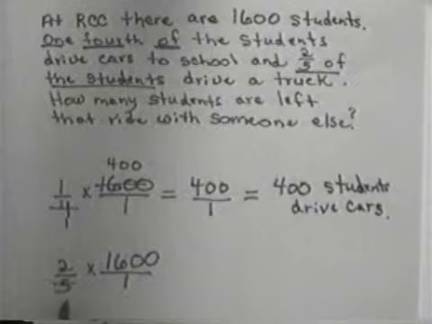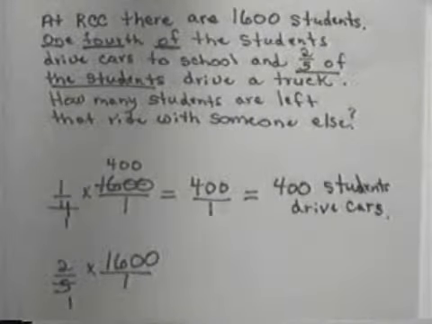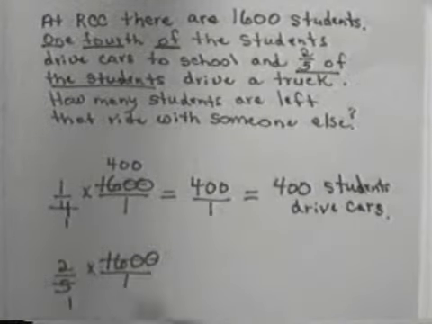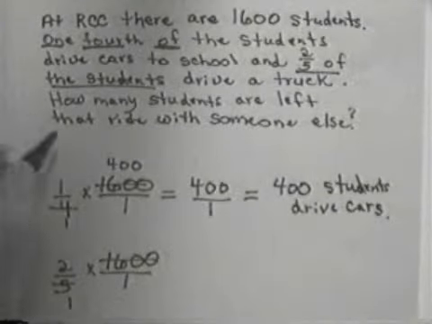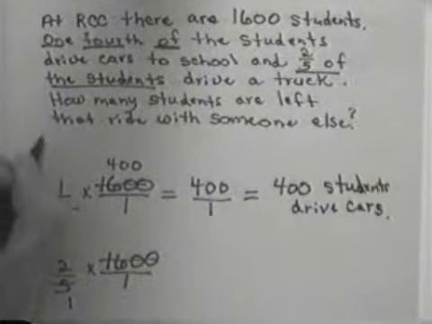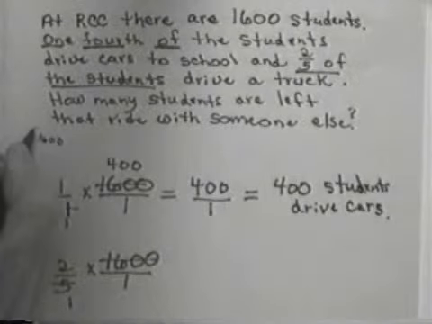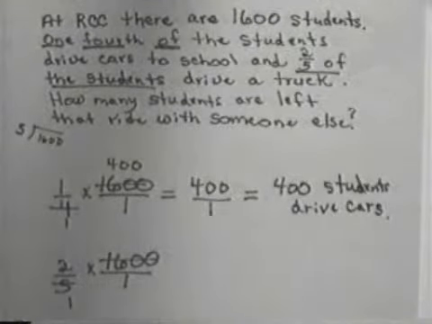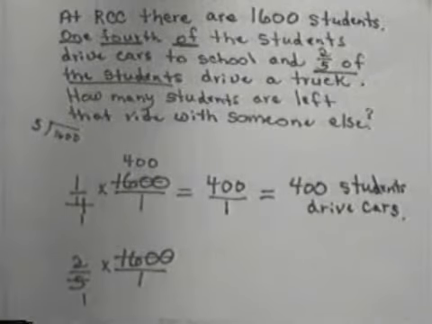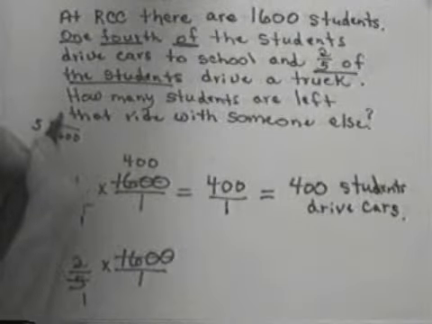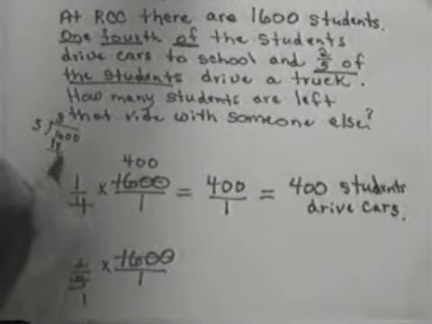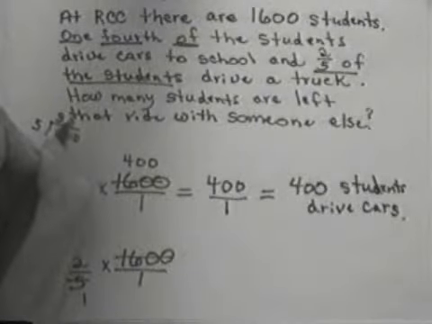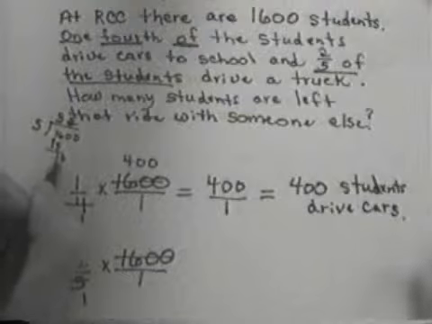5 will go into 5 one time and the 5 will go into 1,600. We probably need to come over here to the side somewhere and do that. Let's do that right up here. 1,600 divided by 5. 5 goes into 16 3 times. 3 times 5 is 15. 3 goes into 10 2 times. 2 times 5 is 10.